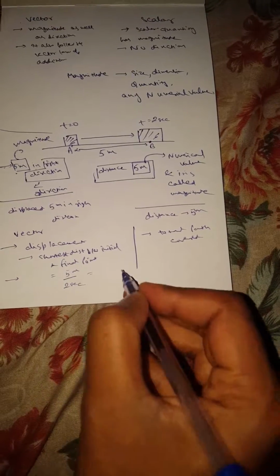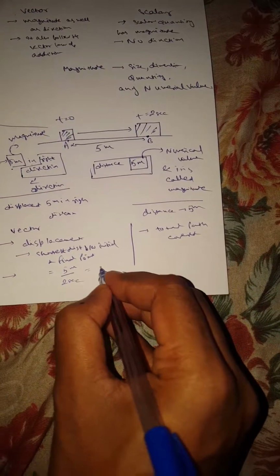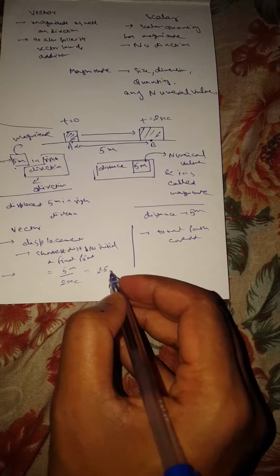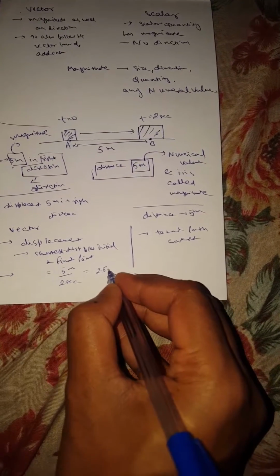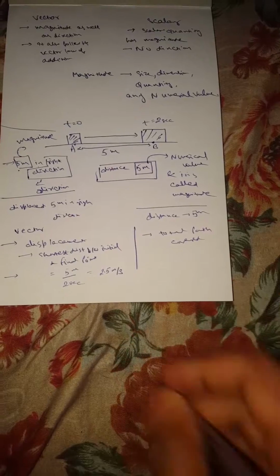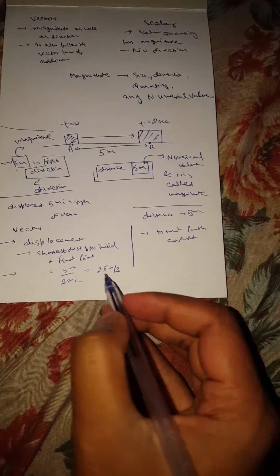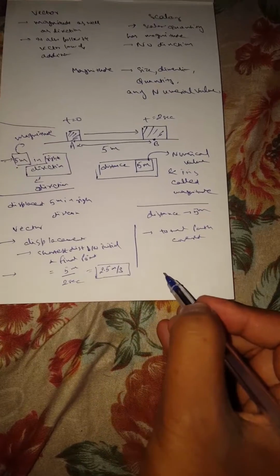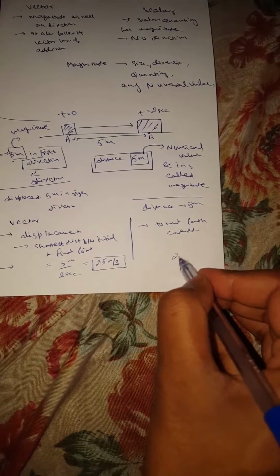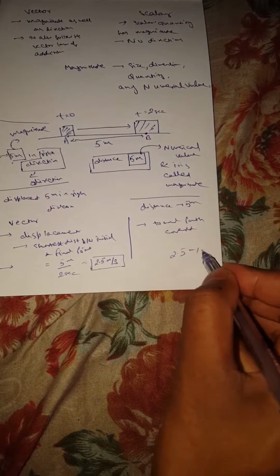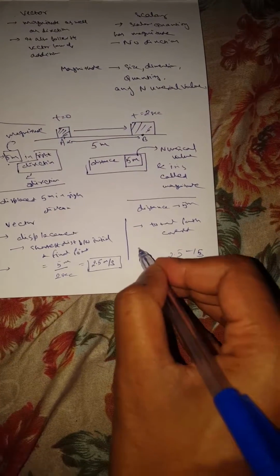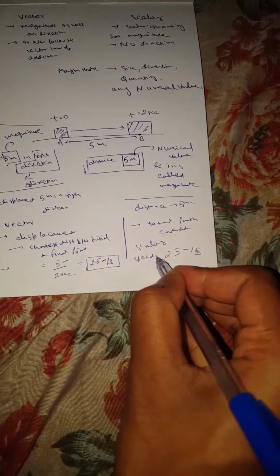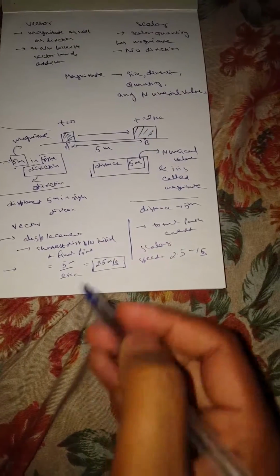Here we come to another quantity: the block moves 2.5 meter in 1 second. Now we can say that 2.5 meter per second is the magnitude. If we say the speed of the block is 2.5 meter per second, then it is a scalar quantity, and this scalar quantity is called speed.